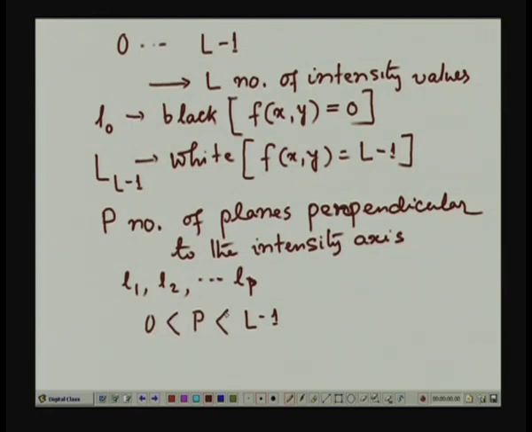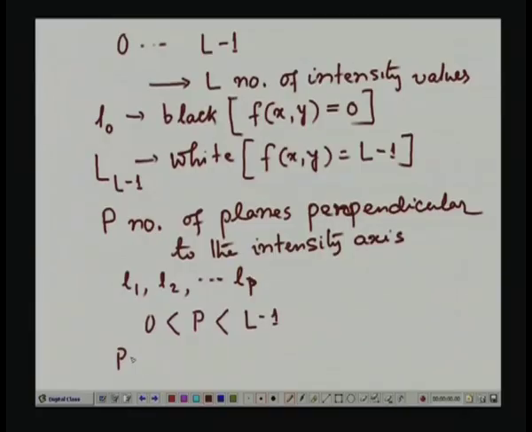So, once we place such p number of planes which are perpendicular to the intensity axis, these p planes divide the intensities into p plus 1 intervals.